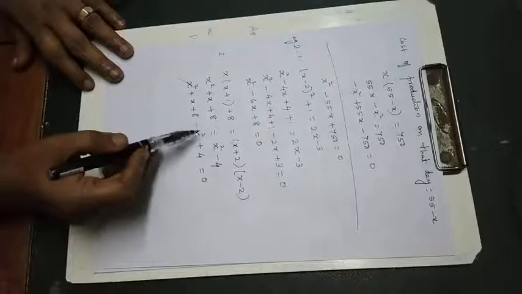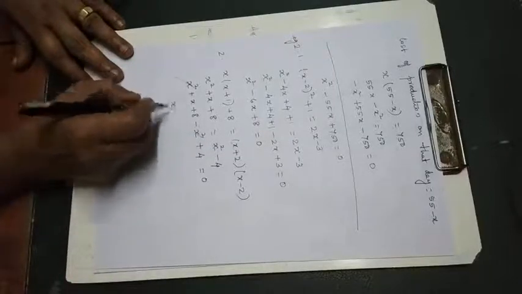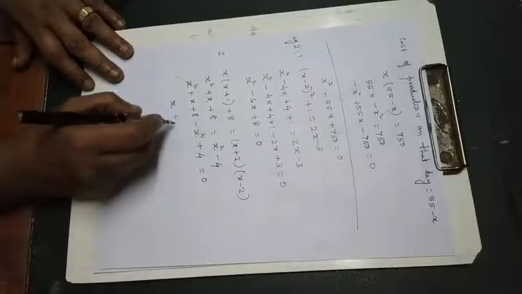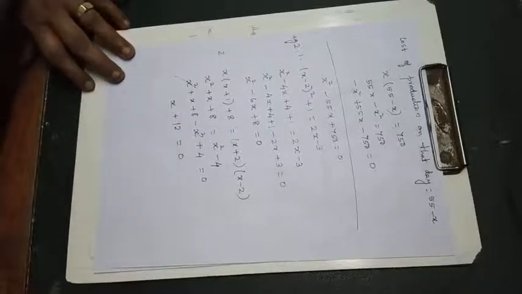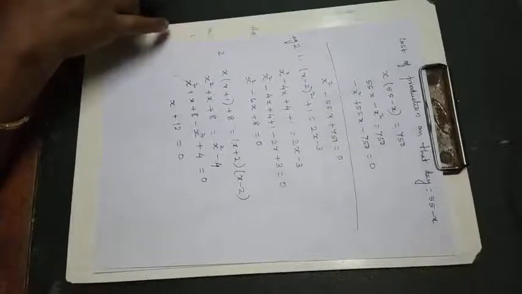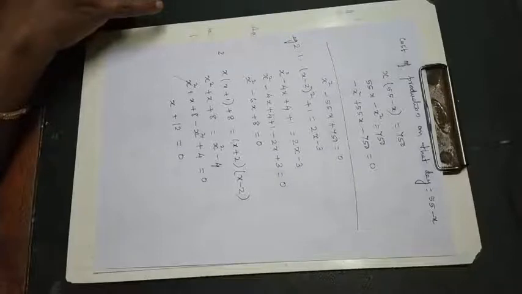Now x square and this x square will get cancelled. So remaining is x, and 8 plus 4, 12, that equal to 0. Now look at here, whether it is a quadratic equation. No, because x square term is not there. So it's not a quadratic equation. It is not in the form ax square plus bx plus c, that x square term is absent there.